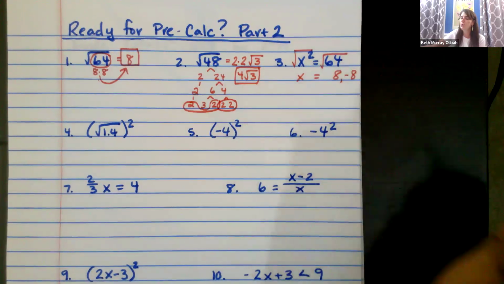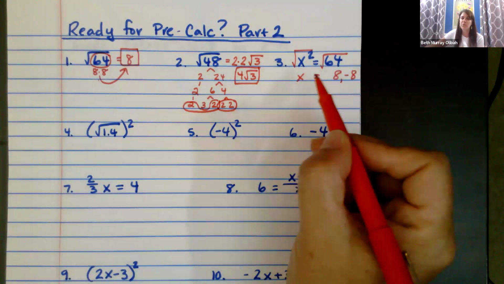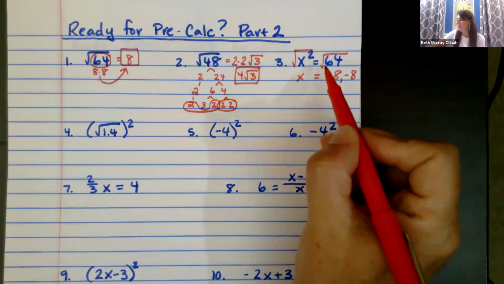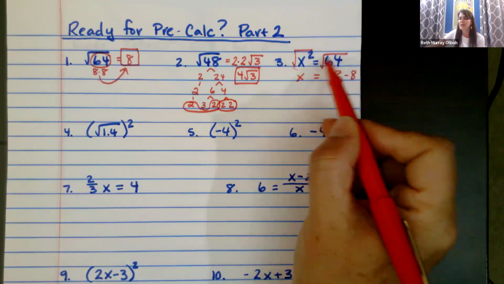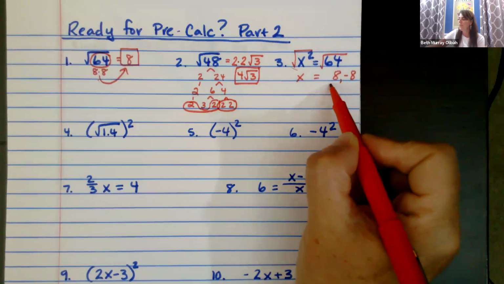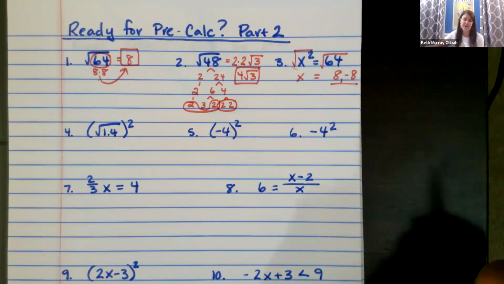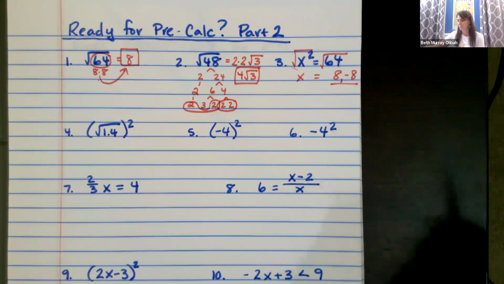So there's really two answers when you're doing a problem like this. From now on, if you end up needing to take the square root of both sides of the problem, remember that's always going to give you a plus and a minus, a positive and a negative answer. We'll see that more when we do more square root problems.